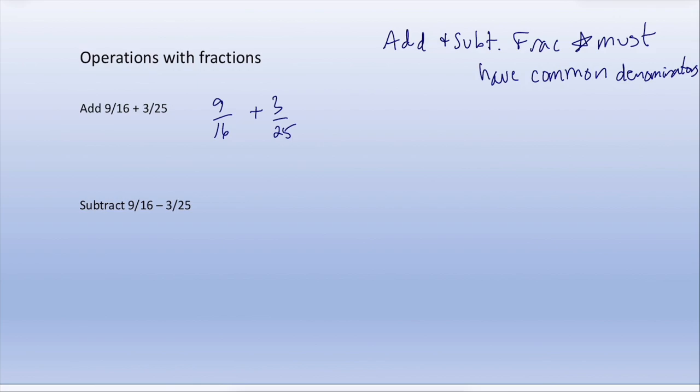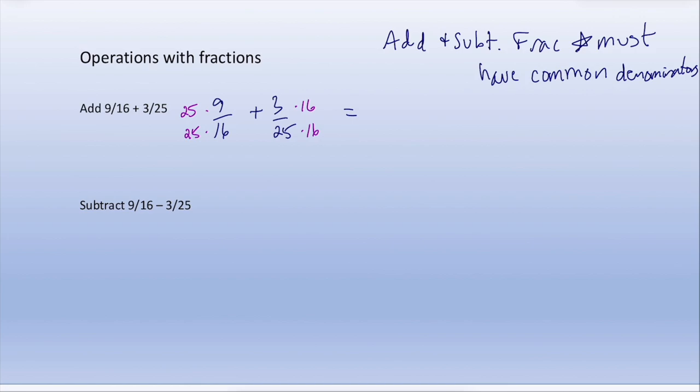So that's what we're looking for here when we say common denominator. That least common multiple is really important. Now 16 is 2 times 2 times 2 times 2. 25 is 5 times 5. They have no common factors. So all we've got to do then is multiply 25 over here on top and bottom and 16 over here on top and bottom. So we kind of just flip-flop.